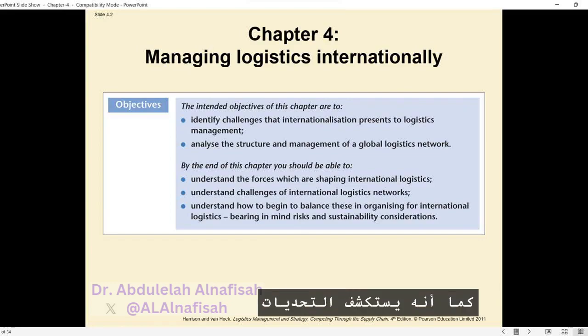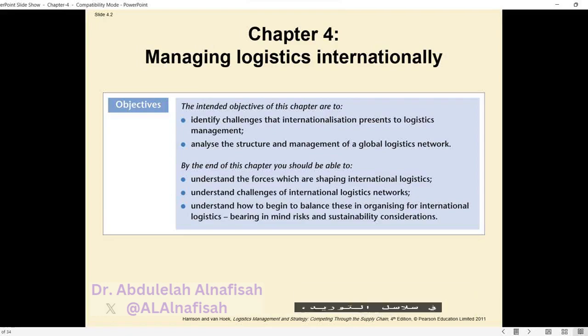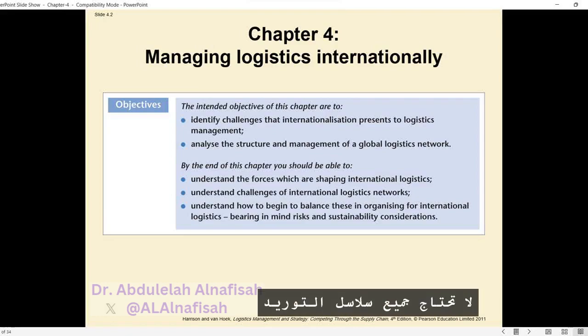Also, it explores the challenges and complexities involved in creating truly global supply chains, such as local autonomy, language barriers, uncertainty, coordination issues, and government interventions. It emphasizes that while internationalization is a growing feature in supply chains, not all supply chains need to be fully globalized.